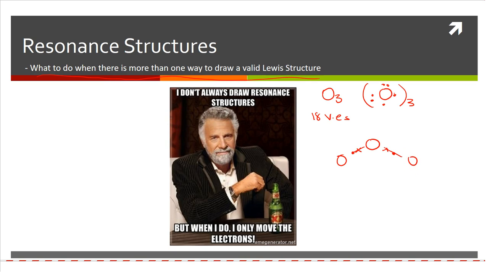So I've used up 4 electrons. I've got 14 still to use. So if I put my lone pairs on this one, and I put my lone pairs on this one, I now have 2, 4, 6 electrons around this oxygen.